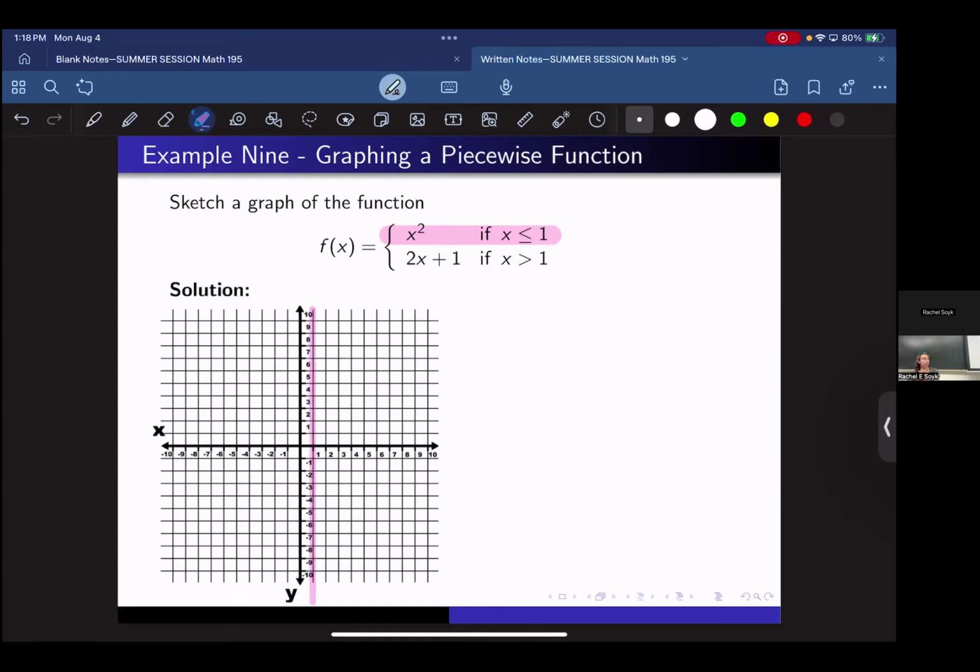And that's sort of the breakup between these two separate functions. X squared, thinking back to your toolkit functions, is going to be a parabola that looks like this. And then your 2x plus 1 is a linear function, so it's going to look something like that.